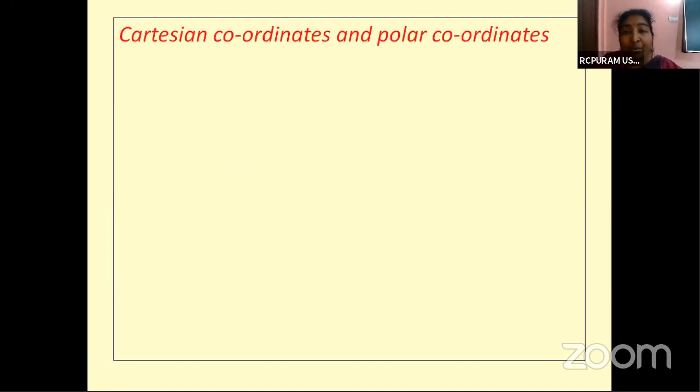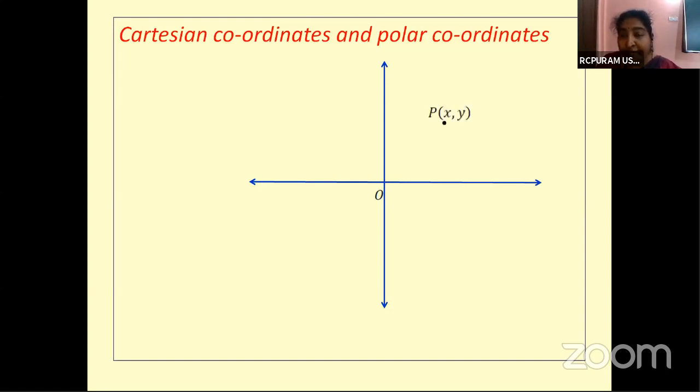Now we'll see Cartesian coordinates and polar coordinates. We take the real axis, children, then an imaginary axis. I'm taking the origin as O. Now I take a point P with coordinates X and Y. In the second quadrant, I'm taking the point Q, which is minus X comma Y. Here, as you all know, X takes a negative value and Y is positive.